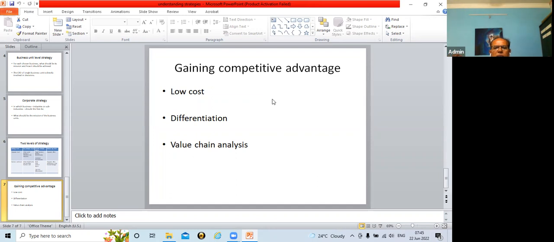Was there a response for the Nano car, or was there no response?